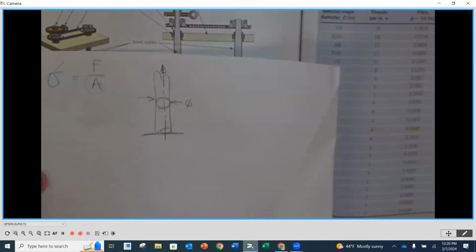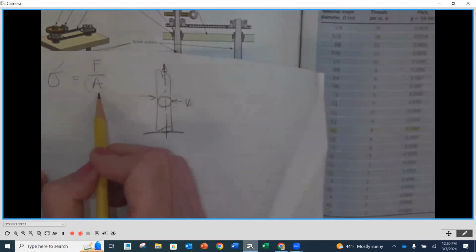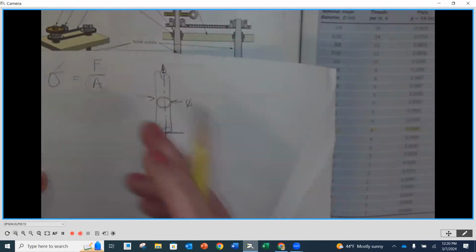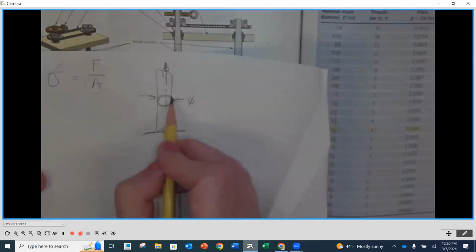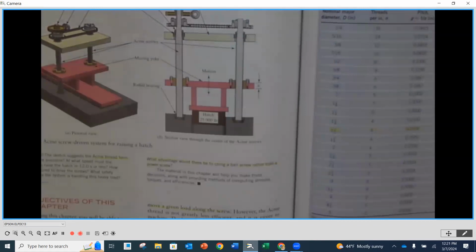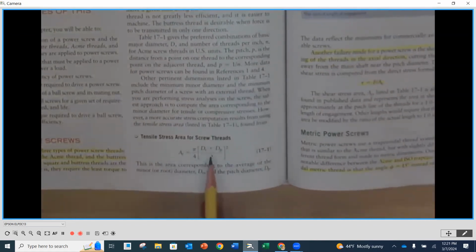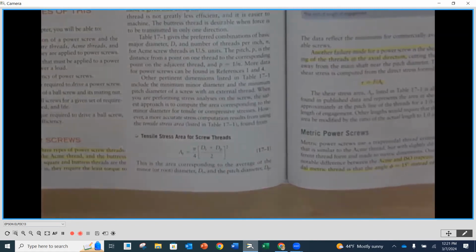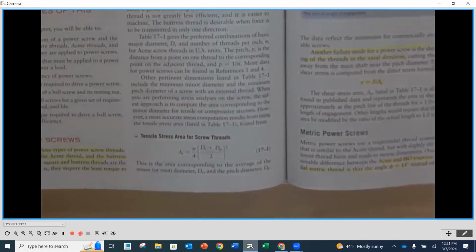Okay, so the area in tension that they're referring to here is going to be this area as we would pull or push this, and we want to know how much area we need. Now, what they do for the area is they use an average of the pitch and the outside diameter.